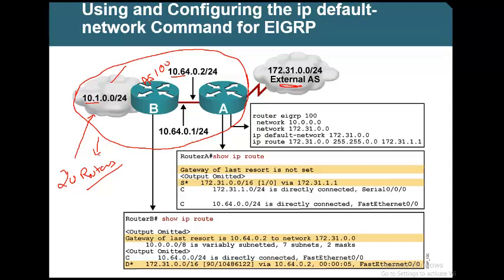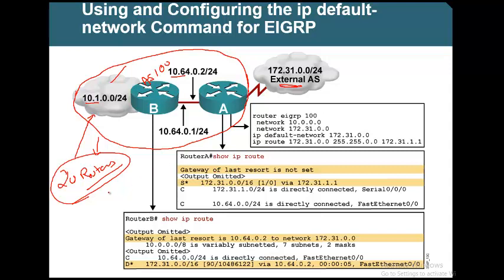So writing a default route on all 20 routers is difficult for us. Why is it difficult? Because if any change needs to be done, again you need to go and change it on all 20 devices. For example, the next hop changes, something like that. So instead of manually, statically writing a default route, you can make EIGRP advertise a default route for you into all these 20 routers.